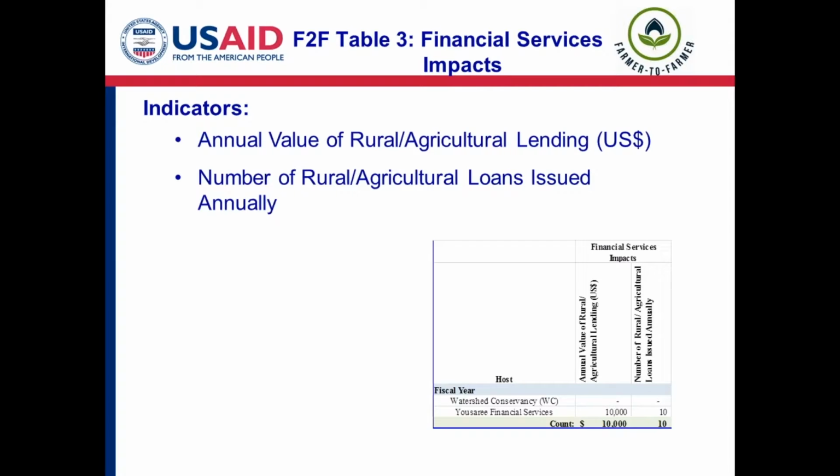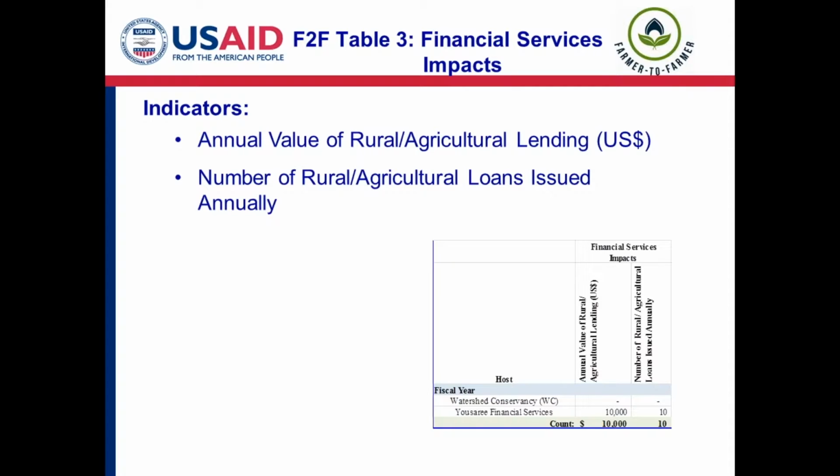The most important thing to remember about your financial services indicators is that these are only for host organizations that are issuing loans. So if an organization receives a loan, that's fantastic. Don't report it here. It gets reported someplace completely separate.